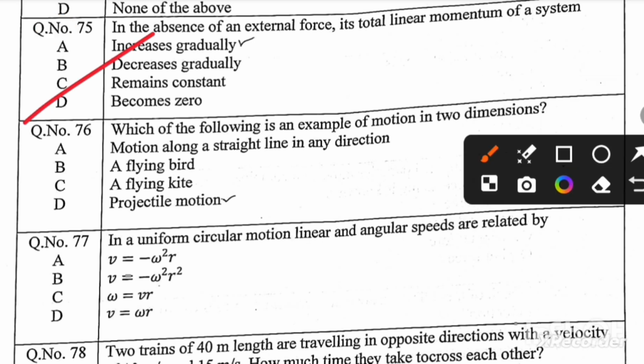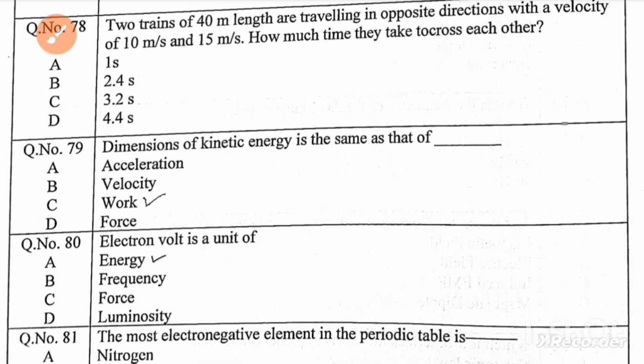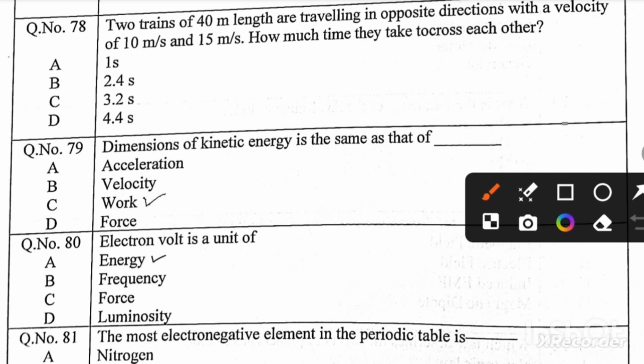Then which of the following is an example of motion in 2 dimension? Projectile motion. Then in a uniform circular motion, linear and angular speeds are related by, the answer is option D. Then question number 78. How much time they take to cross each other? 3.2 seconds.